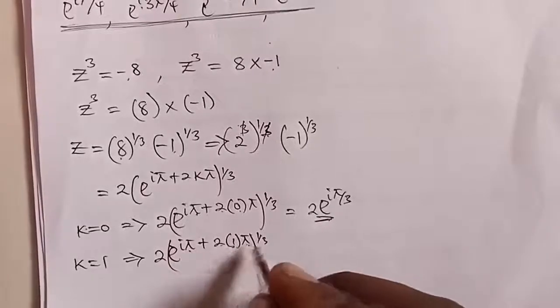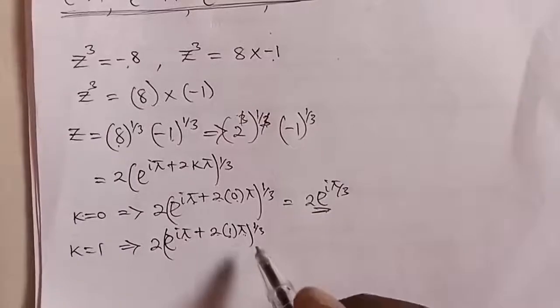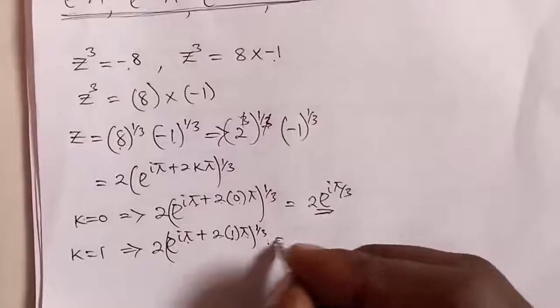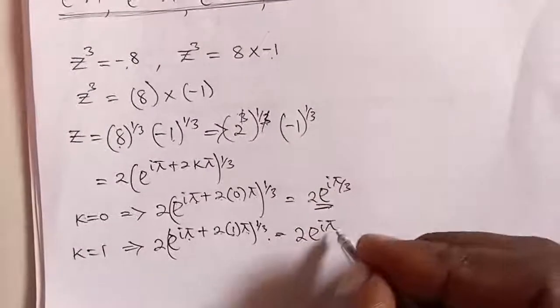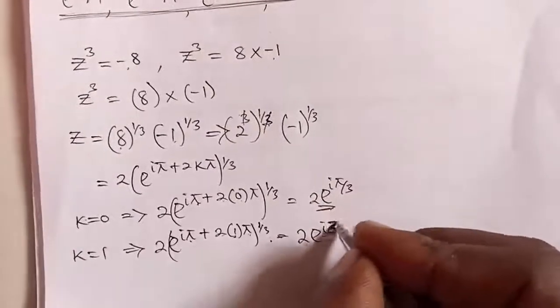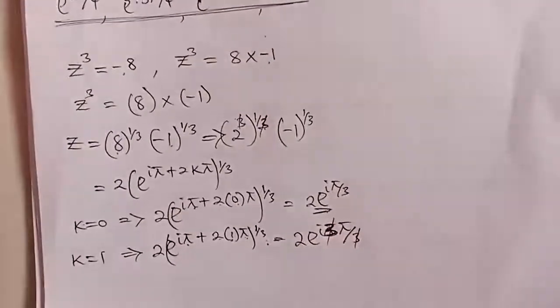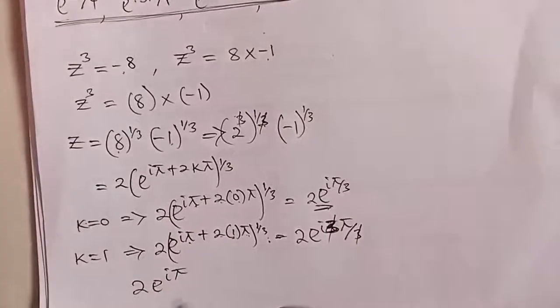So 3 pi times 1 is going to give you 3 pi over 3. Let me write it out: 2e to the i 3 pi over 3. And you know this 3 can remove this 3, so that we will have 2e to the i pi alone.